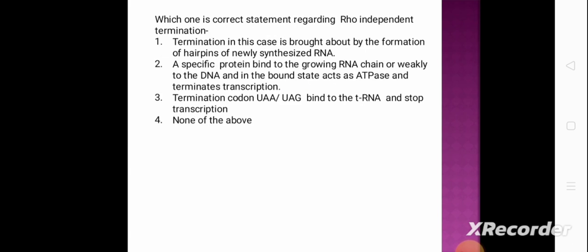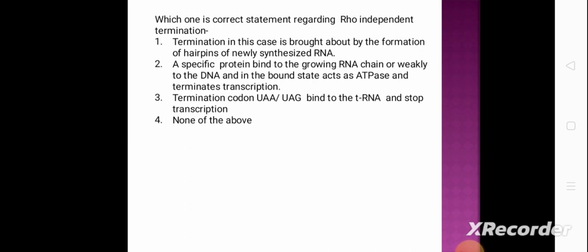Which one is the correct statement regarding Rho independent termination? Option 1, termination in this case is brought about by the formation of hairpins of newly synthesized RNA. Option 2, a specific protein named Rho binds to the growing RNA chain or weakly to the DNA, and in the bound state it acts as an ATPase and terminates transcription.